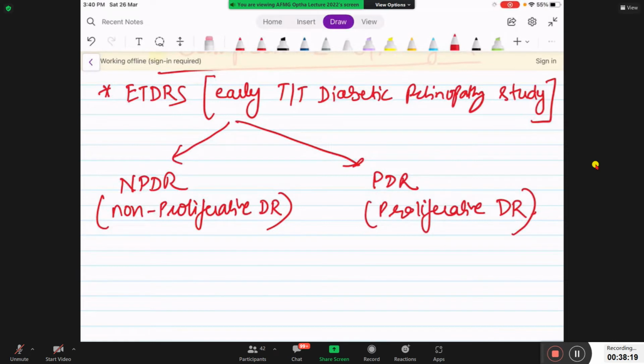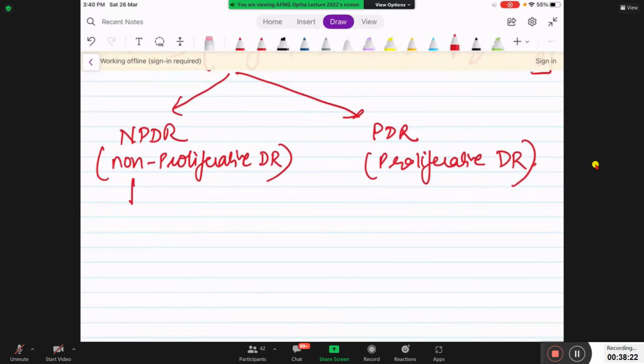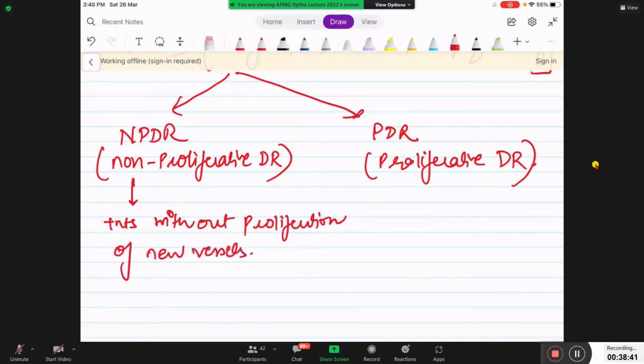Now write down: NPDR presents without proliferation of new vessels, whereas PDR presents with proliferation of new vessels.